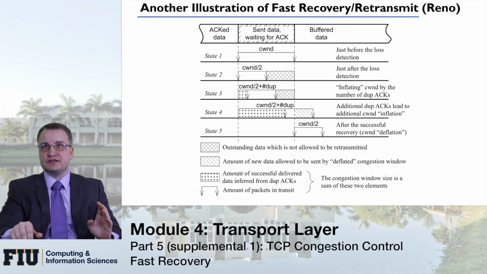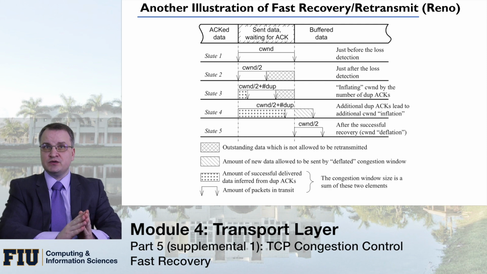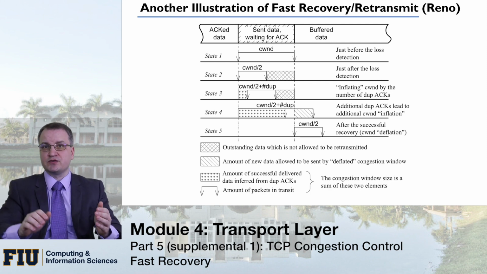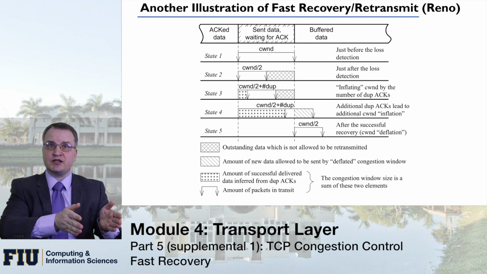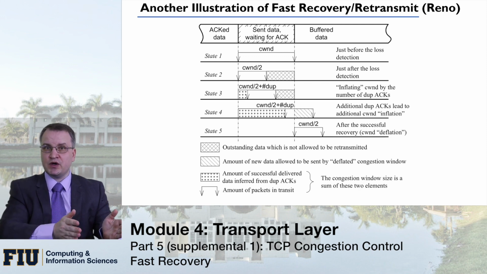This one just illustrates the same process in a slightly different picture. What I'm trying to say is, when you're just sending data, you have this congestion window that is rolling along the sequence numbers. As soon as you detect loss, you set the target congestion window to half, but then you start inflating it under the assumption that each acknowledgement means some packet left the network.